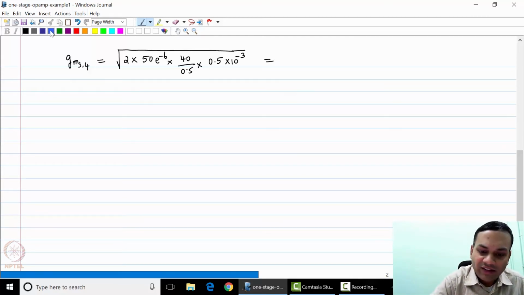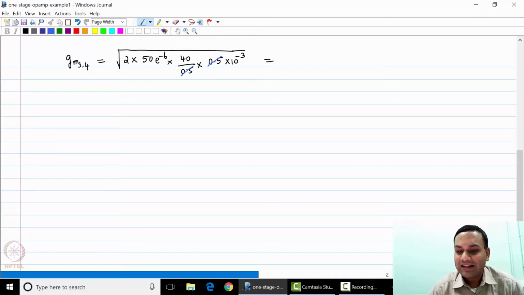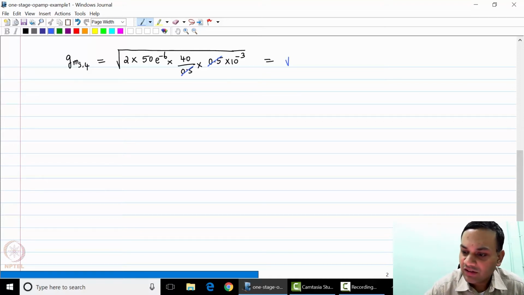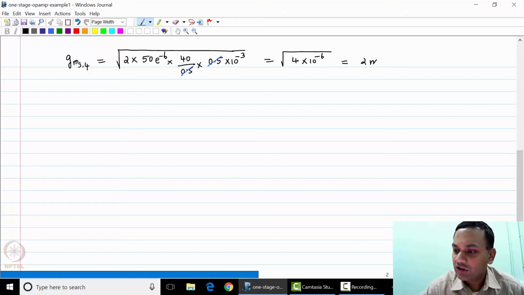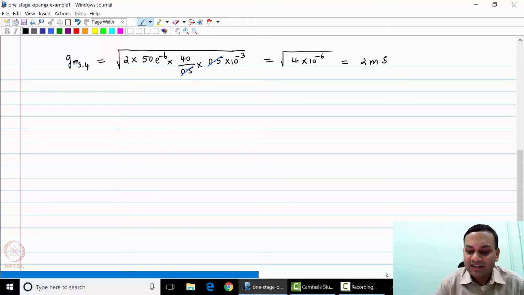And this is clearly, so 0.5 and 0.5 get cancelled, and so this is root of 4 into 10 power minus 6. So this is also 2 millisiemens. Once we know these two numbers, we know the transconductance of the devices.